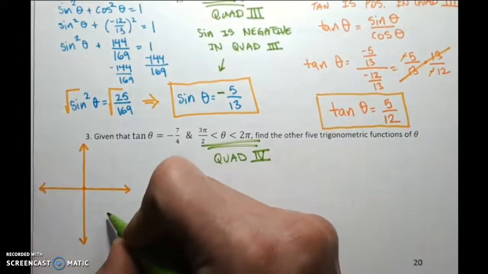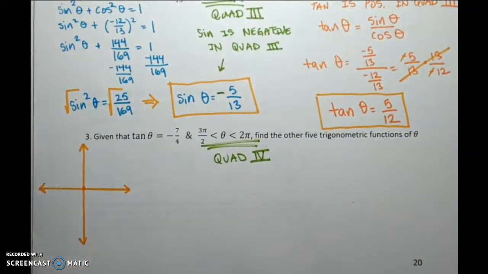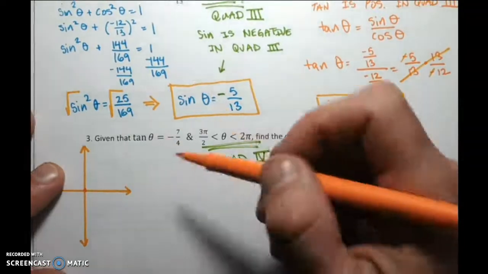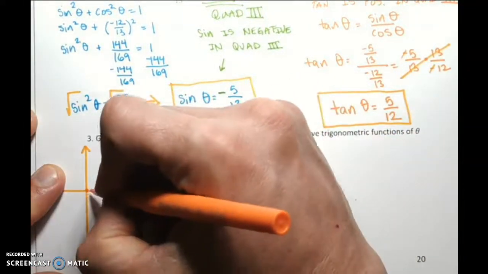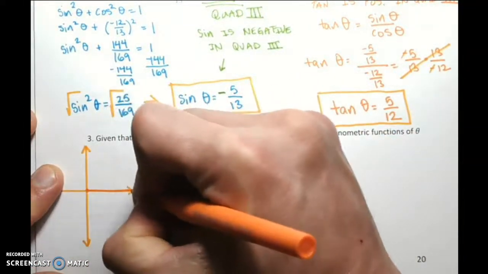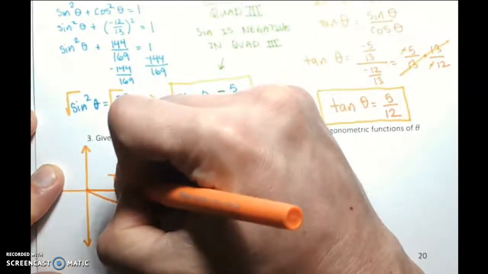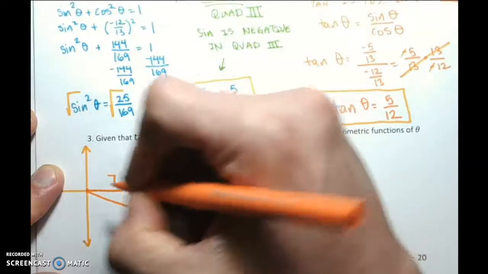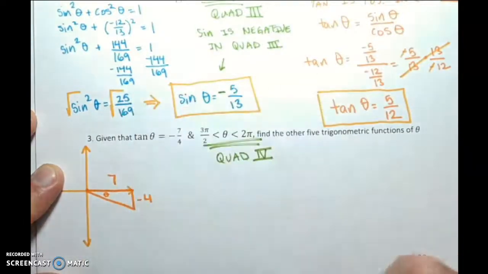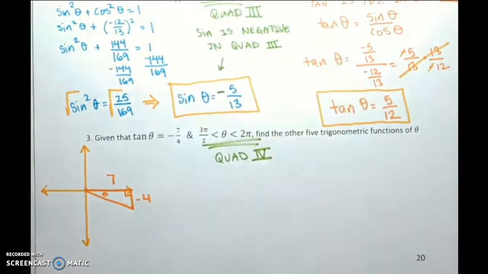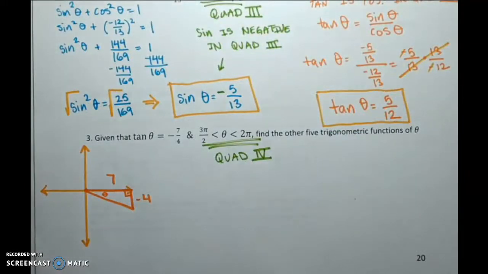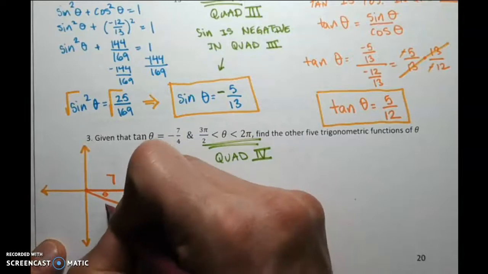So if I have negative 7/4, it means I have to go 7 this way, and then down 4. And there's my theta right there. There's my right triangle. And I'm going to try to solve for r, my radius there.